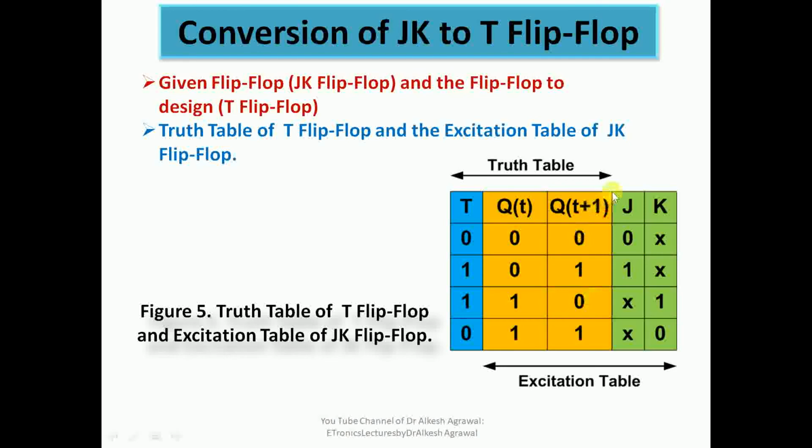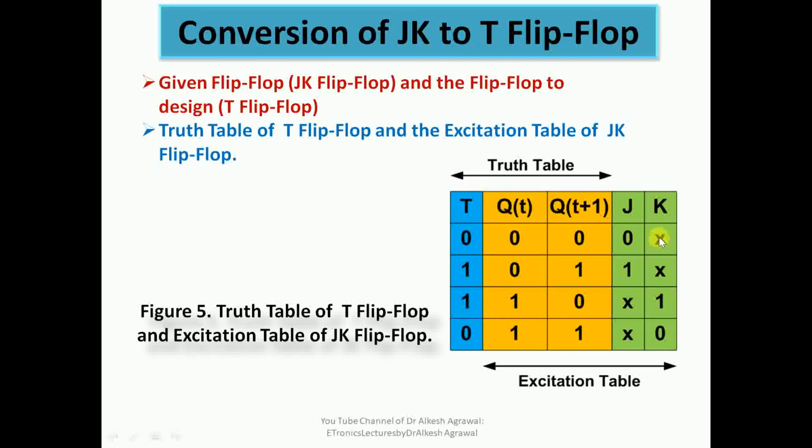So we have predicted the truth table. Now, as per QT and QT plus 1, we have to predict the inputs J and K. We have discussed the basic rule: we write 0, 1, cross, cross, and the same from lower to upper, 0, 1, cross, cross. So we have depicted a table containing the truth table of the T flip-flop and the excitation table of the JK flip-flop.